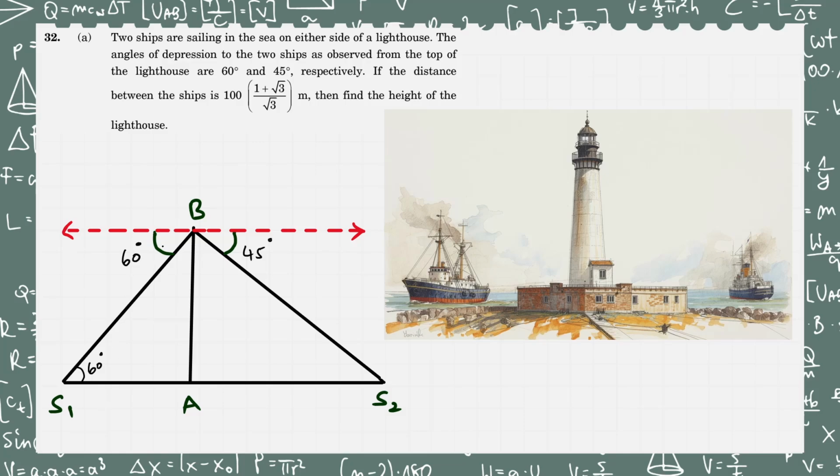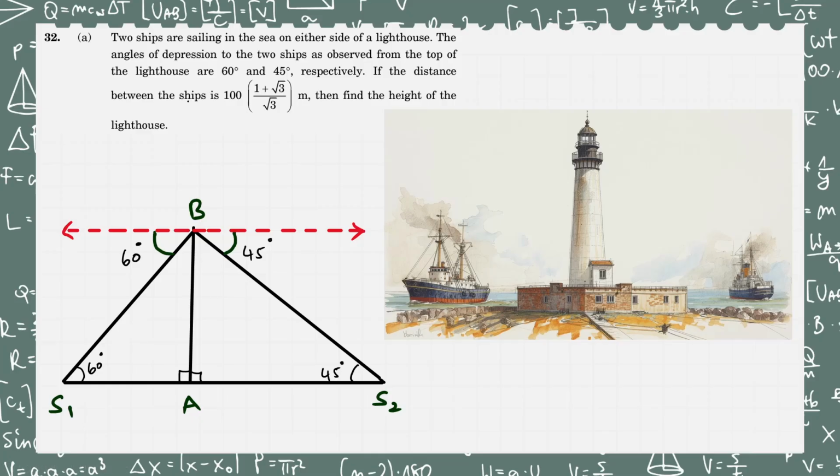They are always equal to each other. The same way, this angle will be 45 degree, because these two angles are alternate interior angles. They are also equal to each other. And of course, any standing object will make 90 degree with the ground. So this will be 90 and this also will be 90. So this is the basic understanding of the scenario.